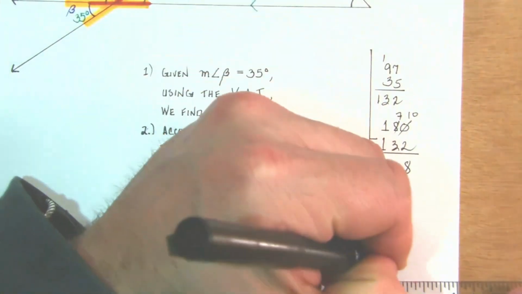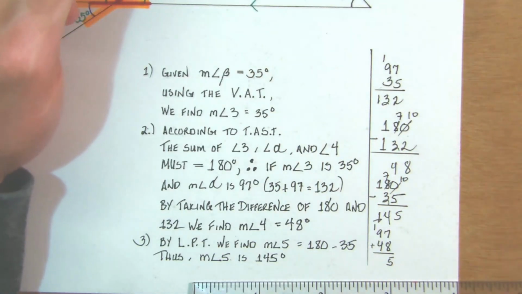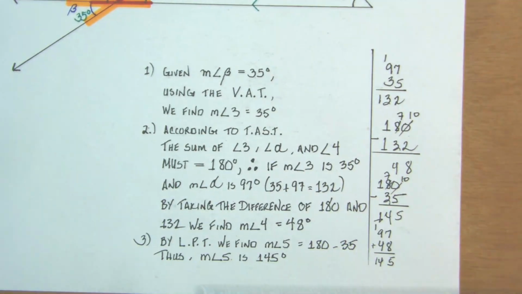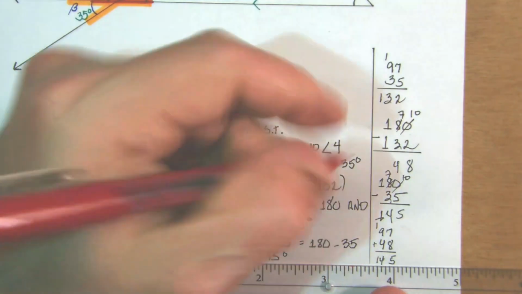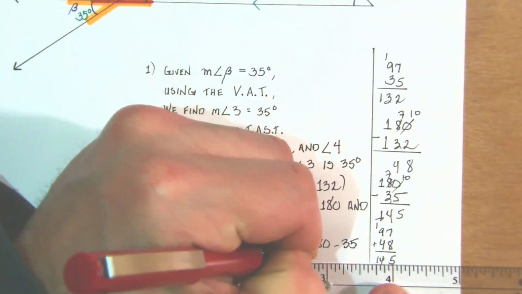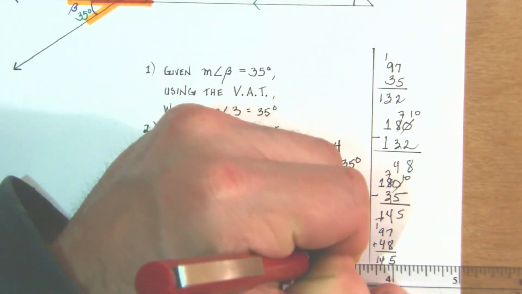7 plus 8 is indeed 15. Carry the 1. And I got 9 plus 4 is 13, plus 1 is 14. 145. It works. So, I could put in parentheses here, also, by TEAth.